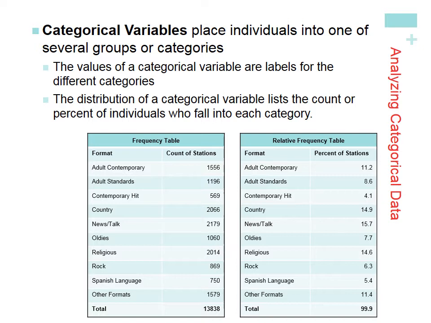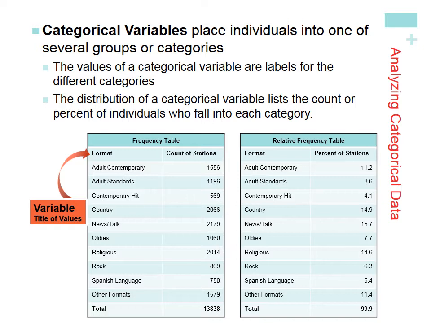The relative frequency table, which might be a new word, is specifically relative to the whole. Notice each of those represents a percent. Adult contemporary, 11.2%, would be taking 1,556, dividing it by the total to get the percent of radio stations within that first category.